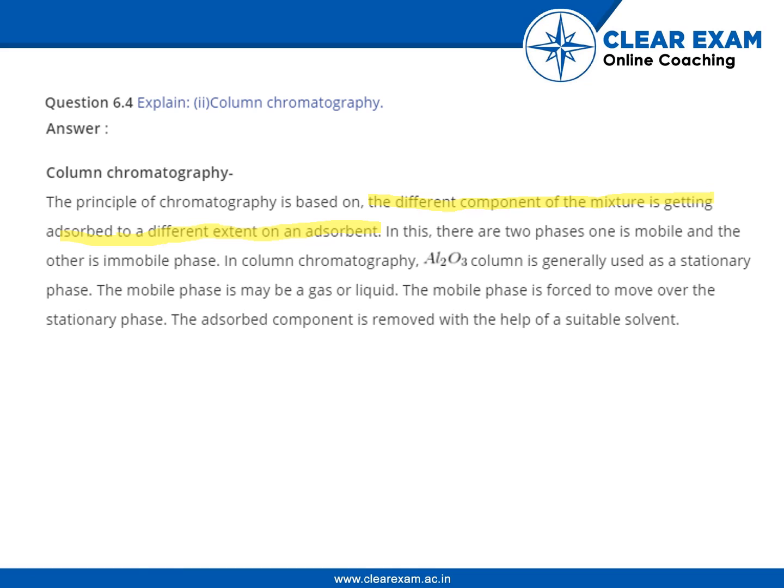Okay, so in this there are two phases. One is mobile and the other is immobile. Mobile is basically which can move, and immobile is which cannot move. In column chromatography, an Al2O3 column is generally used as the stationary phase. Okay, immobile. The mobile phase may be a gas or liquid.